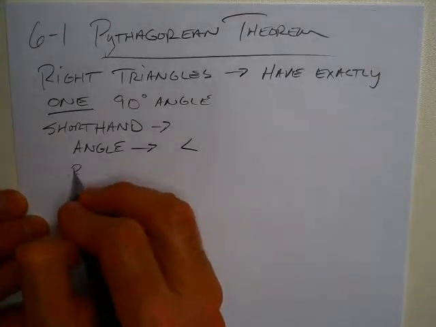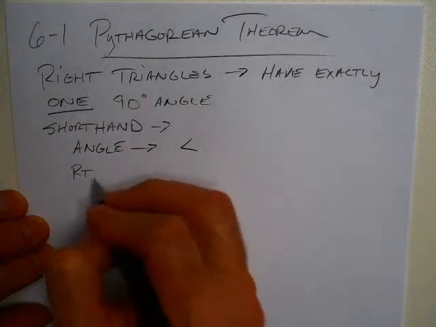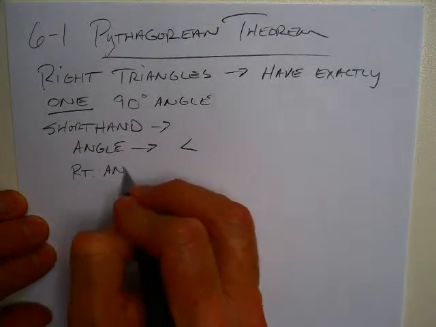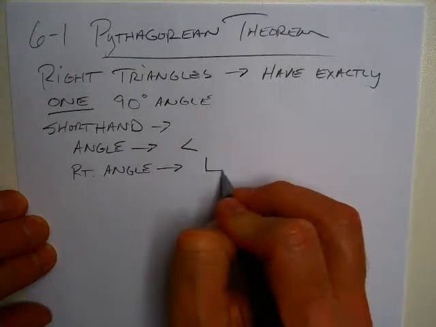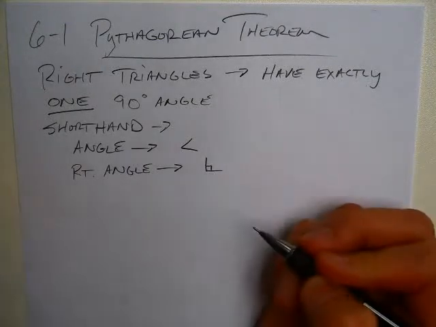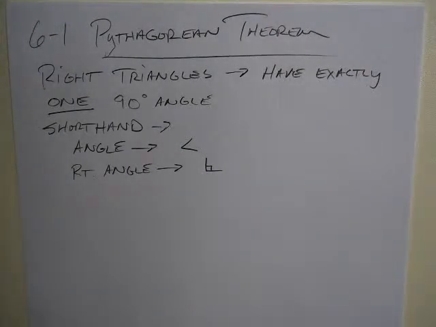If it's a right angle, we can draw it like this. So a right angle has a 90-degree angle, and the human eye is pretty good at picking up if something's not exactly right.